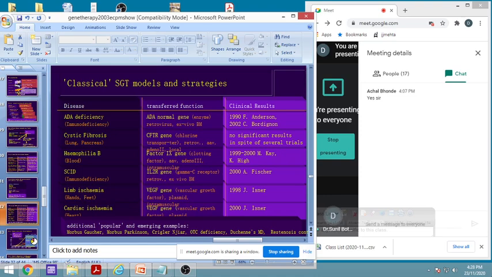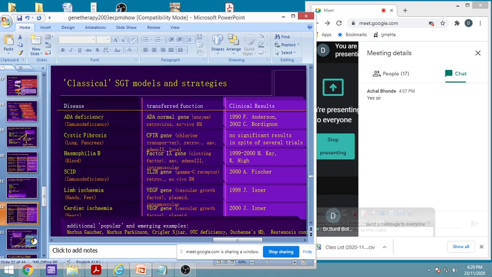Examples are ADA deficiency or immunodeficiency, cystic fibrosis, hemophilia B, then SCID, which is an immunodeficiency disease, limb ischemia, cardiac ischemia. In various such conditions, various genes are transferred, and there are some publications which show the impact or effect of it.